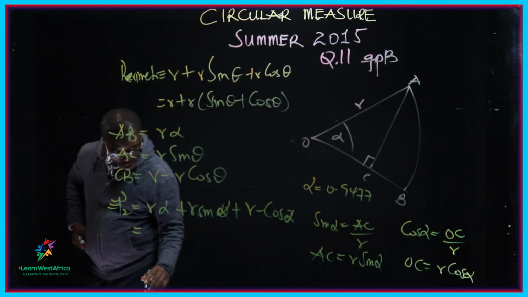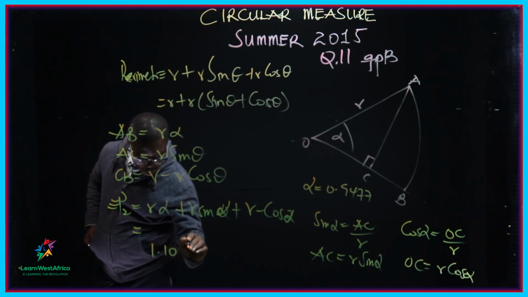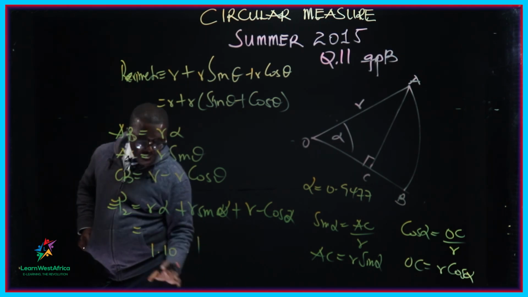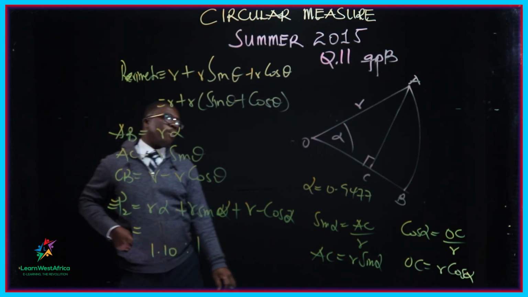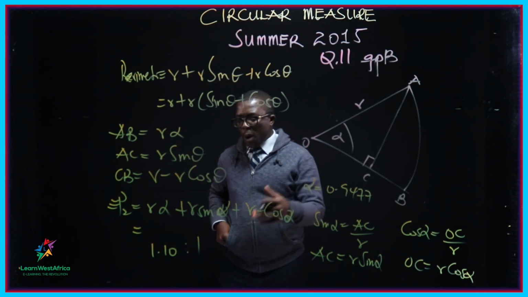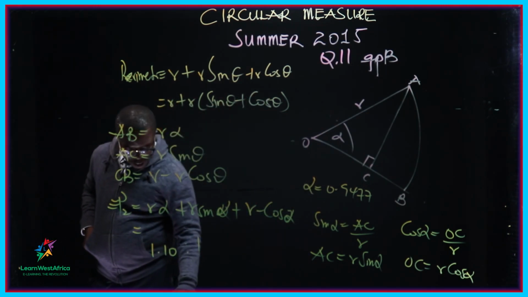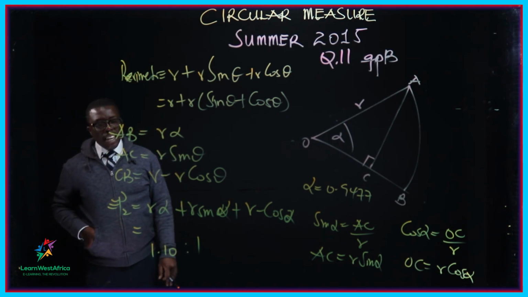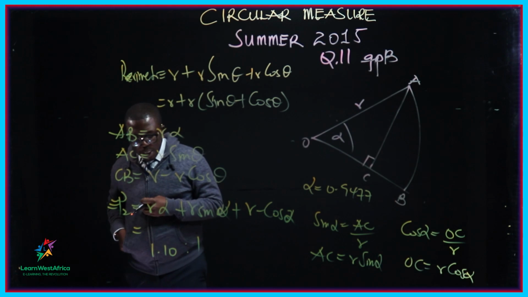You will get the ratio being 1.10:1. That is what you get, which means that the perimeter of this shape is 1.1 times the perimeter of the first one. That should be okay. Then the last part says that we should find the angle AOB in degrees.